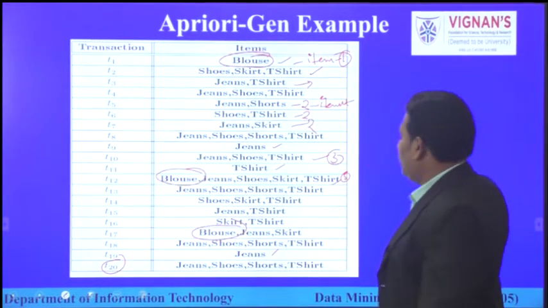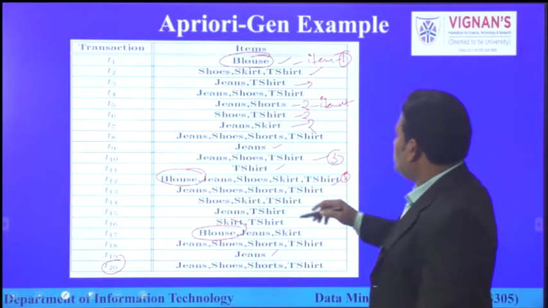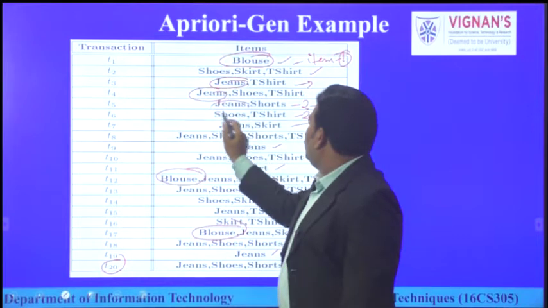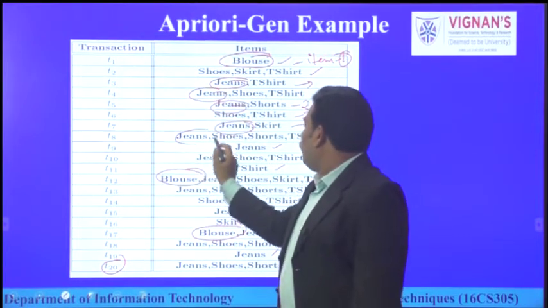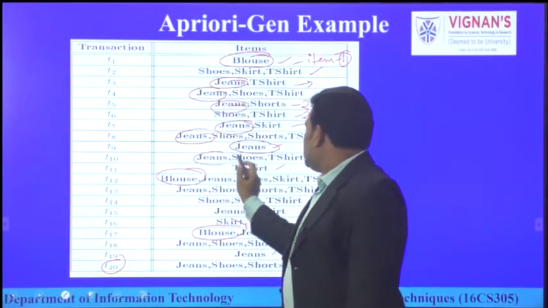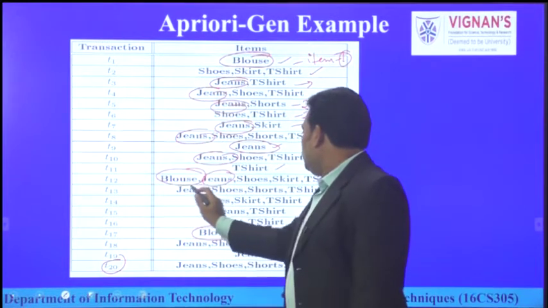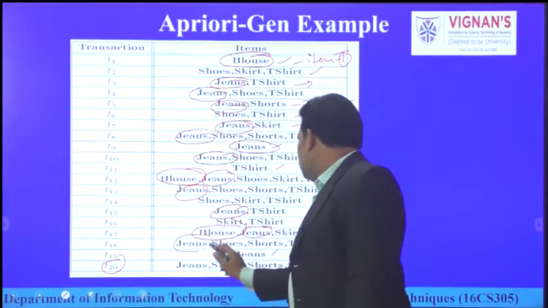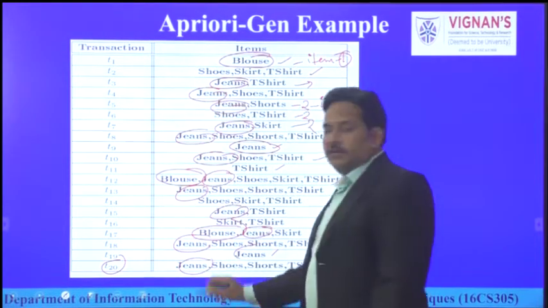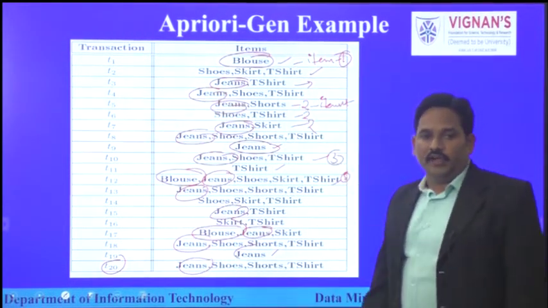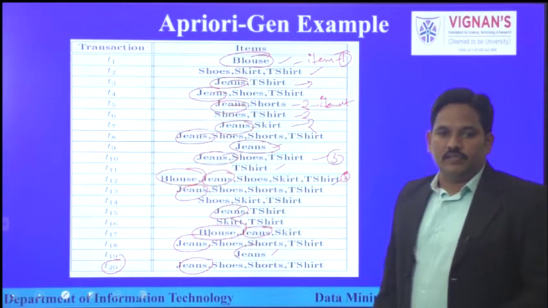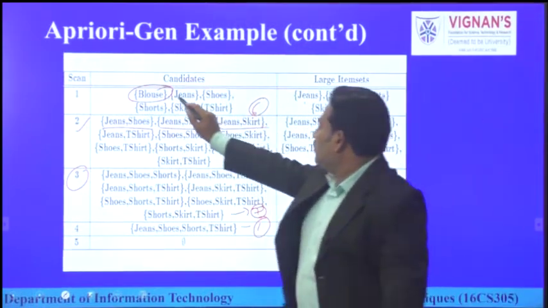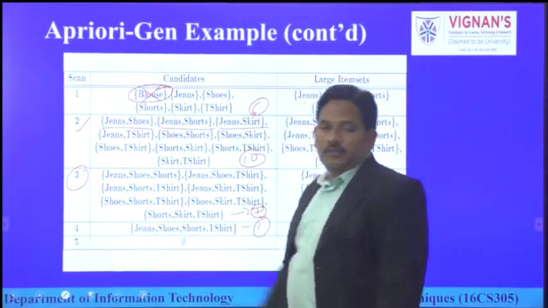If you compare with another one, like jeans, how many times is it repeated? 1, 2, 3, 4, 5, 6, 7, 8, 9, 10, 11, 12, 13, 14. So jeans is repeated 14 times. Based on the number of times it was repeated, here we pruned this item called blouse.